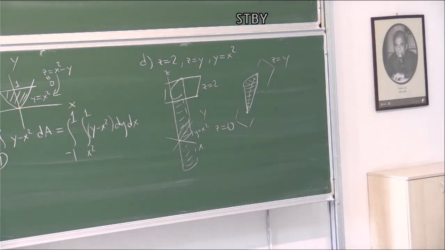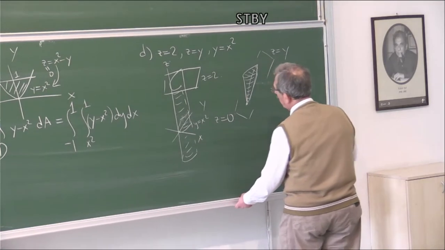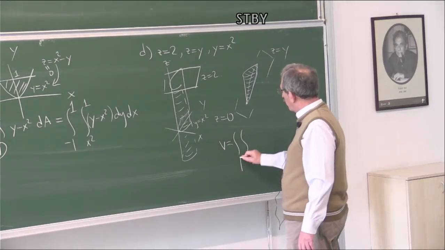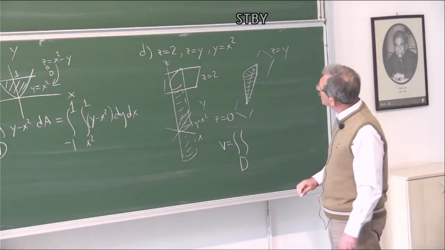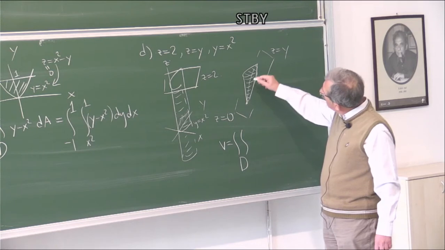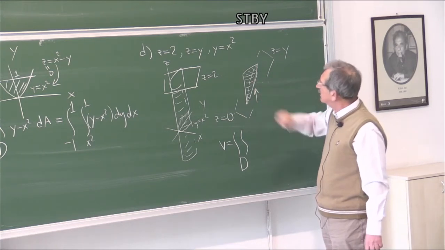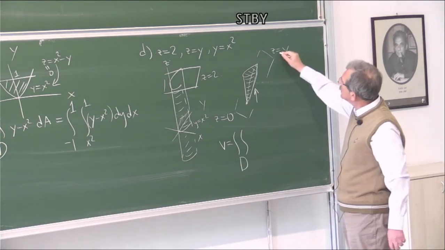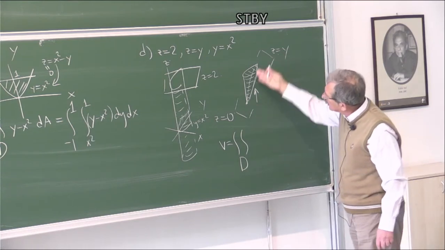Now, having identified the picture, the rest is easy. Obviously, the volume in question is the double integral over D, whatever D is, we will find it in a minute. We are looking in the z direction. So the lower surface is the plane z equal to y, because it cuts it this way.